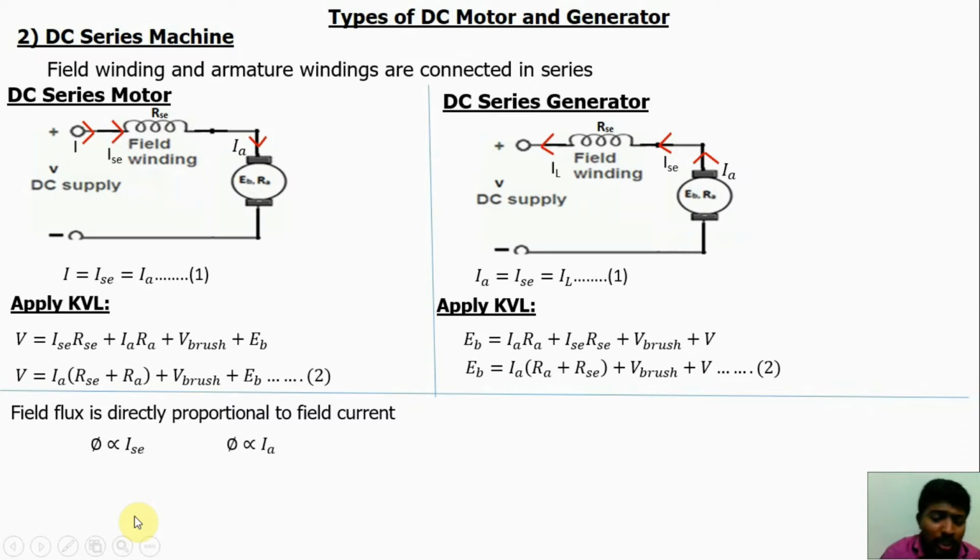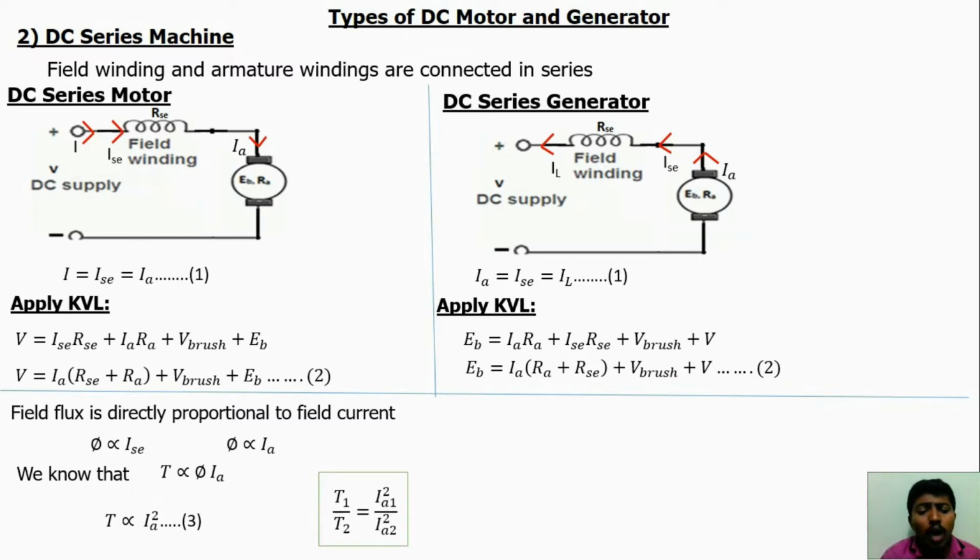We know that T is directly proportional to phi IA. Substituting the phi value in this equation, we get torque is directly proportional to IA square, because phi is directly proportional to IA and there is already an IA. So torque is directly proportional to IA square for the DC series motor. So T1 by T2 is equal to IA1 square by IA2 square.